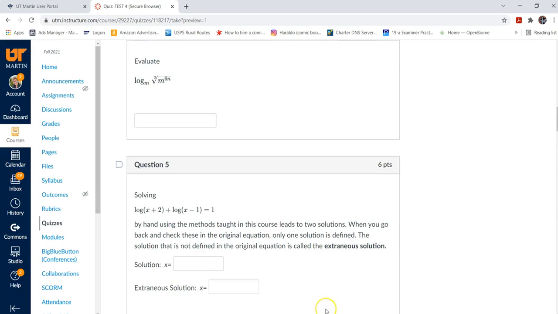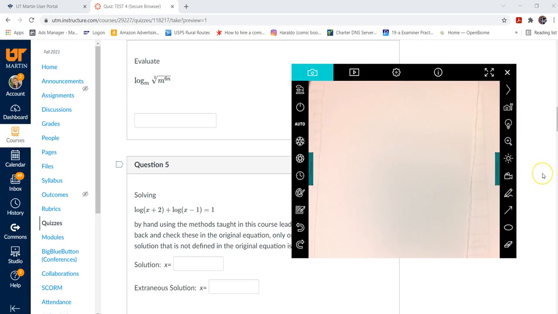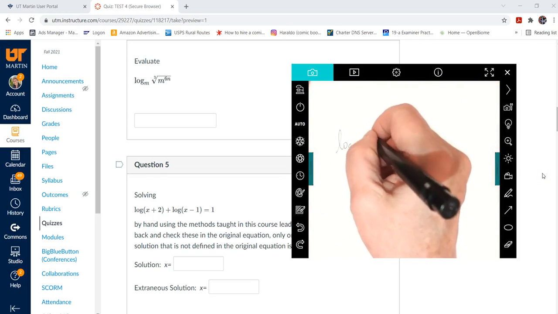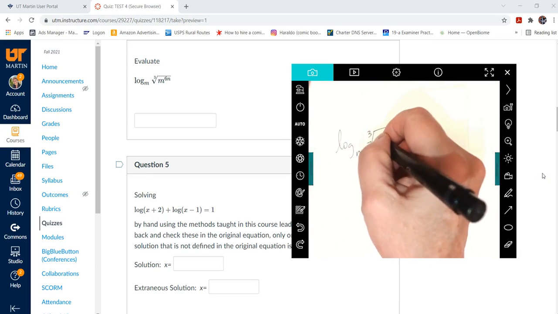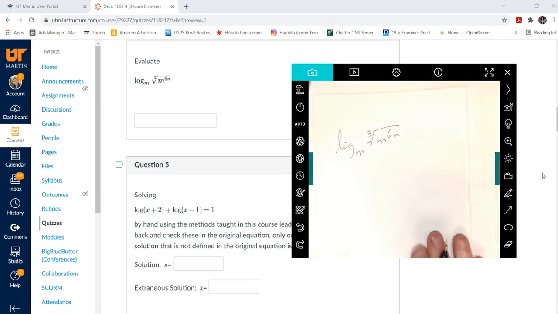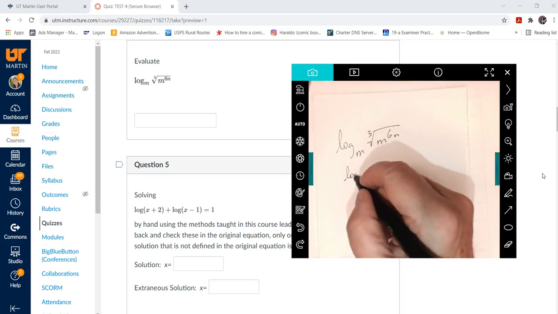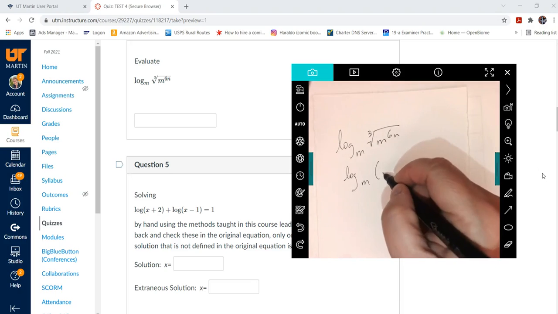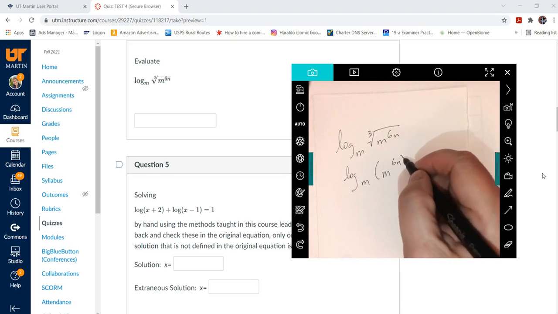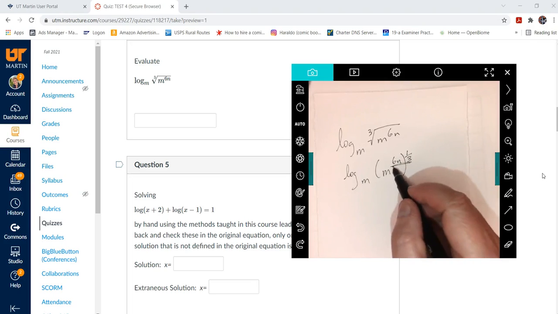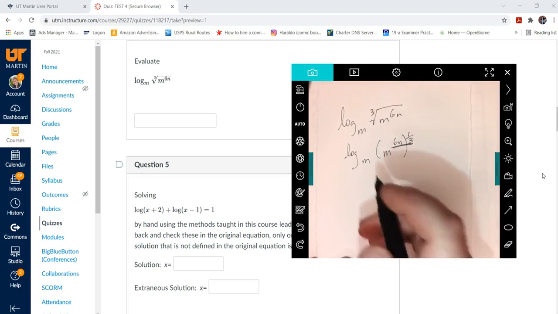Okay. With this, we're going to use the logarithm rules. Okay, now the first thing I'm going to do is change this. A cubed root is the same as to the 1/3 power. Okay, now the exponent rules say you multiply that.